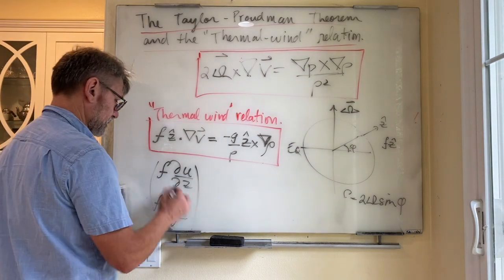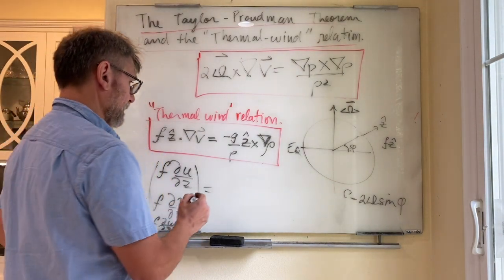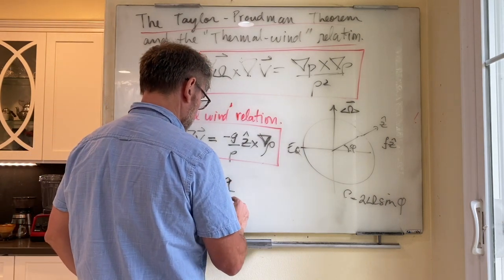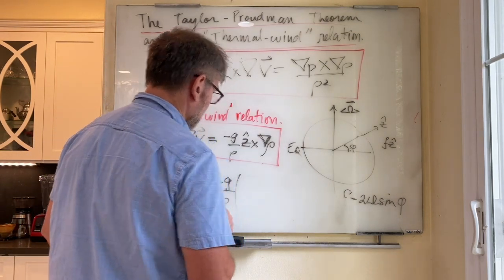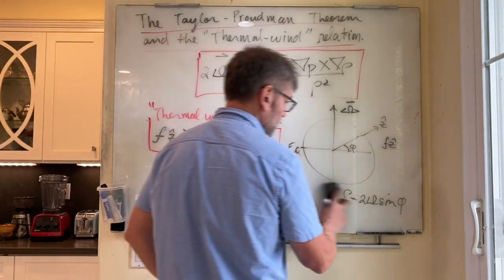That's the left-hand side. And on this side, what we get is minus g over rho times grad rho cross z hat. We can evaluate those components.